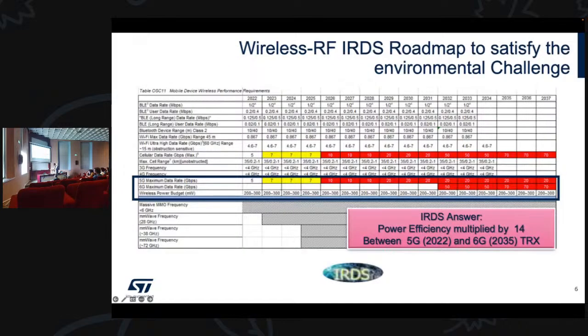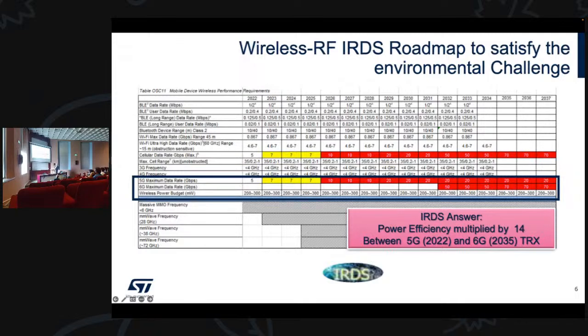And if we look at what the IRDS, the International Roadmap for Devices and Systems, forecasts for the RF, between today, so 2022, and the 6G 2035, for the transceiver to increase the power efficiency by 14. What does it mean?